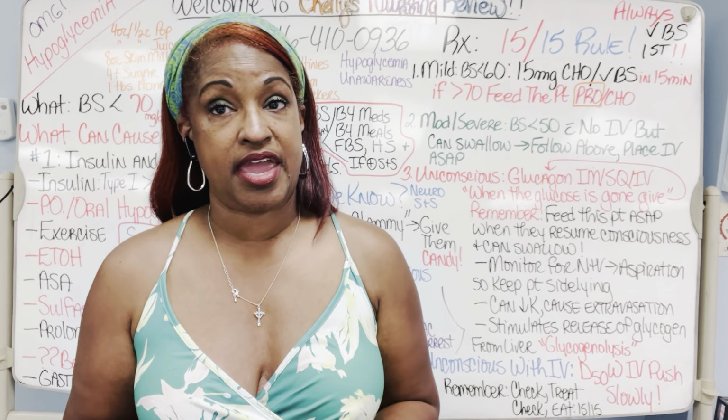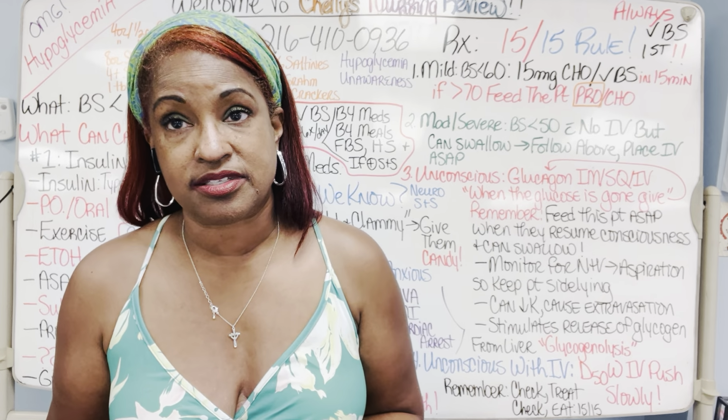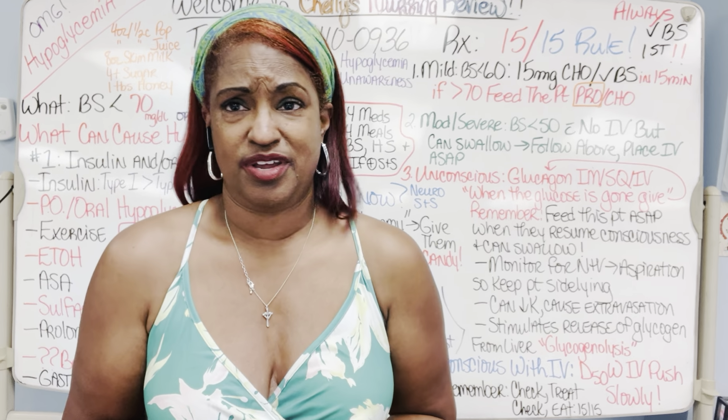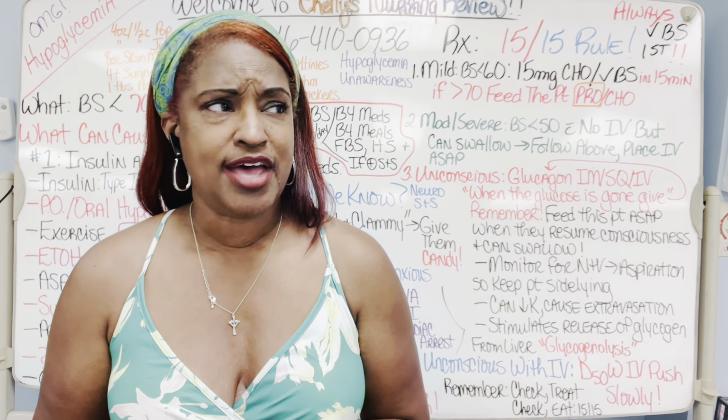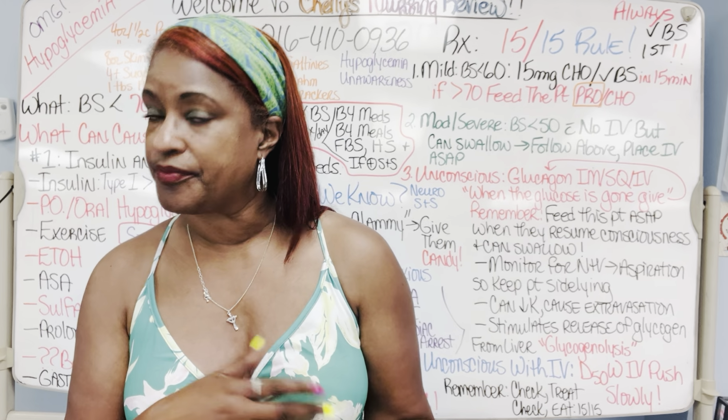So that patient may have a hypoglycemic unawareness, and that just means that you don't even know when your blood sugar's low. So if you don't know that it's low, how could you possibly act on it? I hope that makes sense.